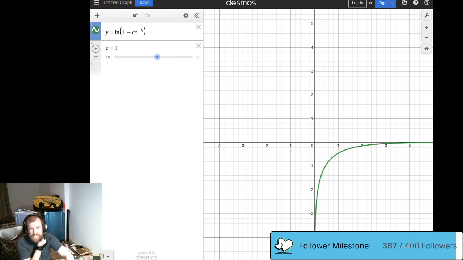Okay. As x gets really big, right, c e to the negative x gets really small. No, sorry. e to the negative x starts approaching 1. And then we have 1 minus 1.